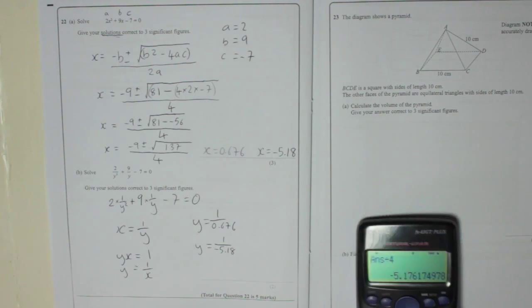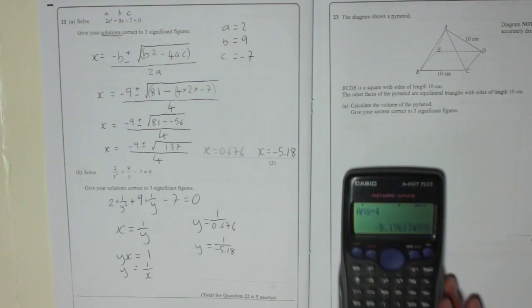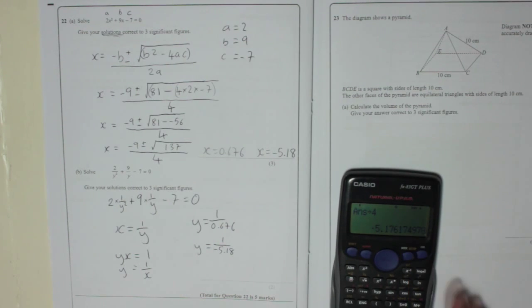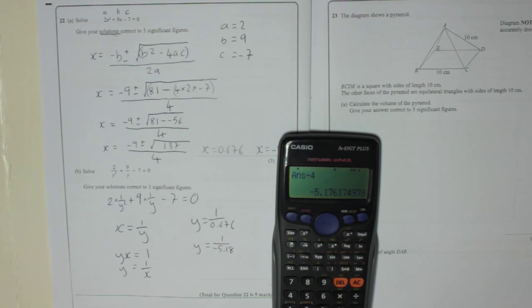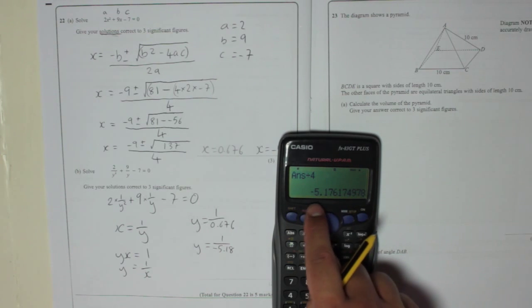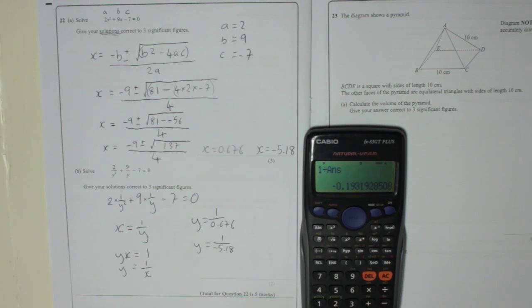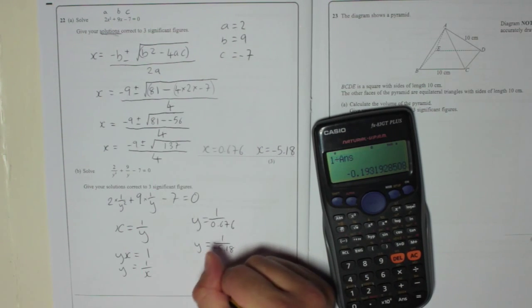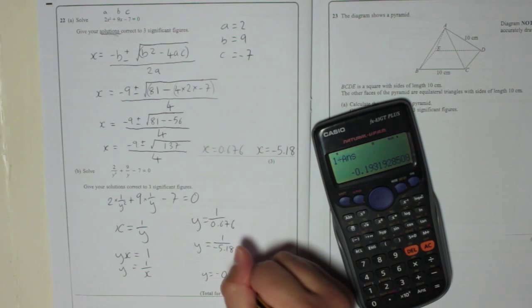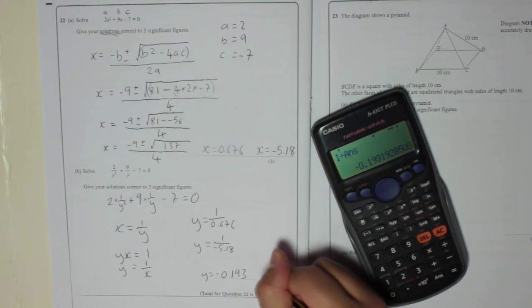Now it's always best to use the numbers that you had in the calculator and then round again. So I've already got minus 5.176 in, so I'm going to do 1 divided by that answer, and it gives me minus 0.193. It says three significant figures, so yep, minus 0.193.